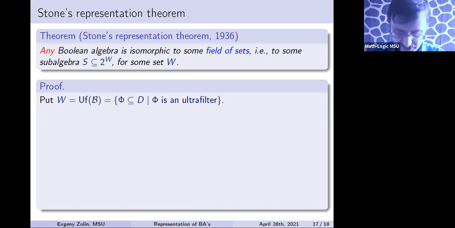Of course, again, we have principal ultrafilters and non-principal ultrafilters. A principal ultrafilter has the form: it contains all elements that are above some atom.